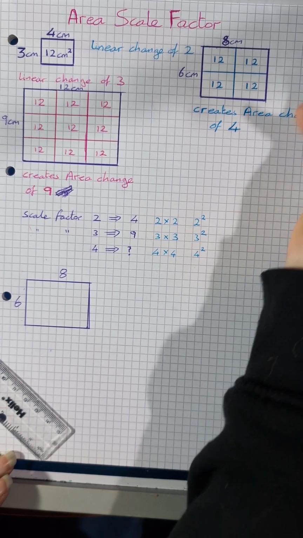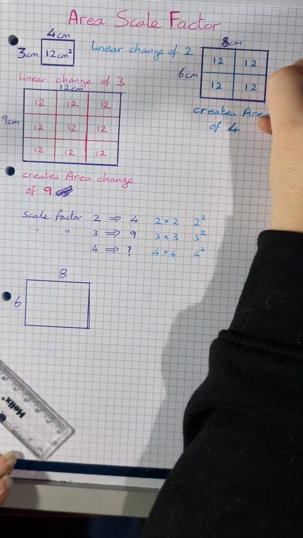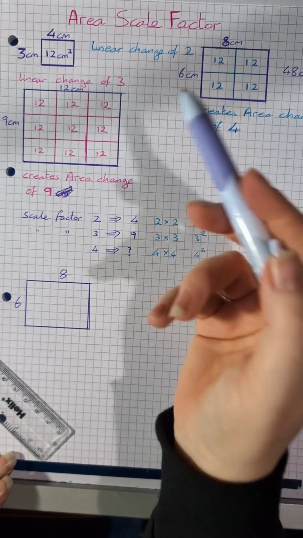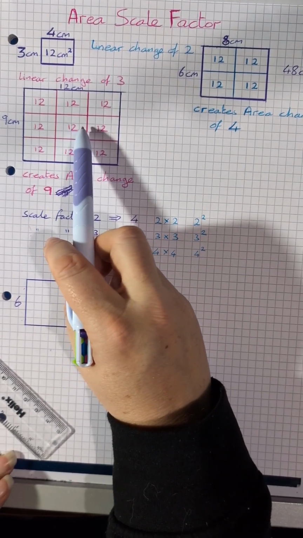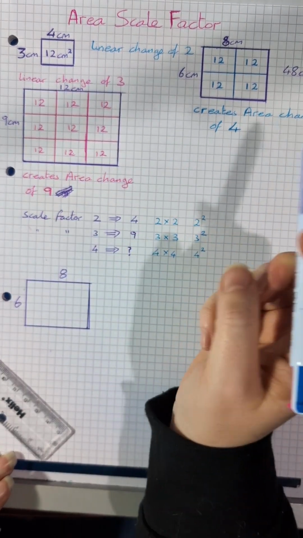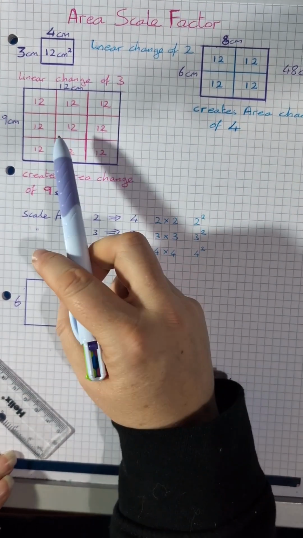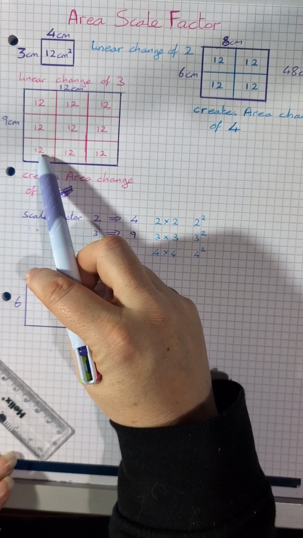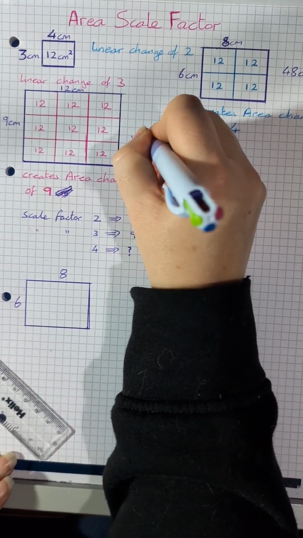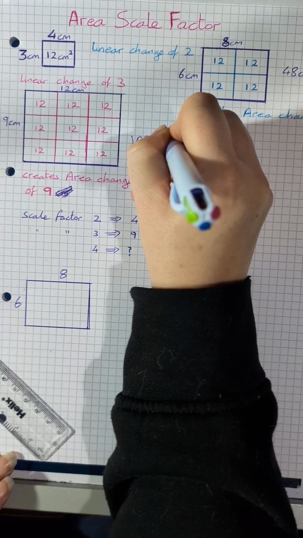So that one's 48 centimetres squared, and this one 48, 96, 98, 108 centimetres squared.